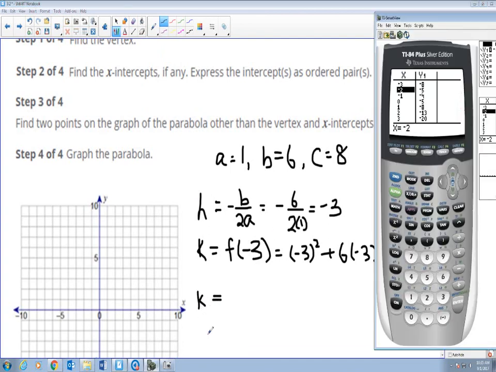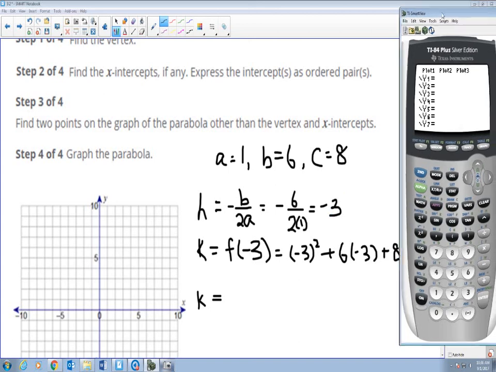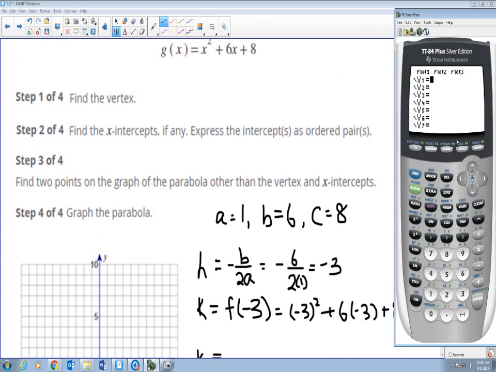And a different way you can do it: once you know the h is -3, graph the function, then you just look up -3. It's just that sometimes, what if the h is not a whole number? You can still figure this out by hand. What's that? x squared plus 6x plus 8.